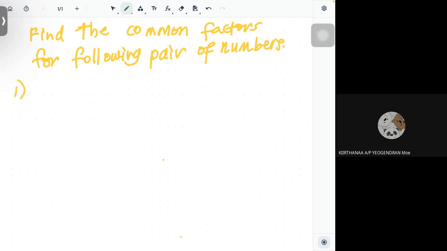For example, number 1 is 15 and 30. Number 2 will be 12 and 48. Okay, find the common factors for these numbers.